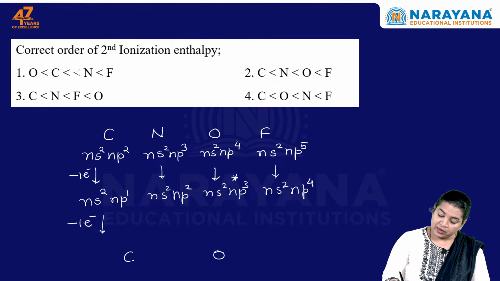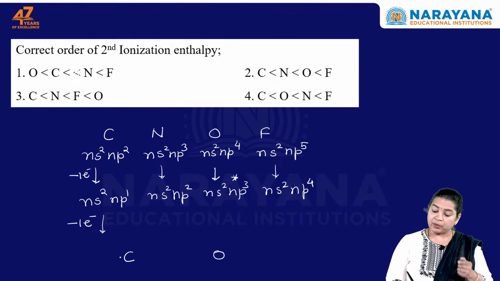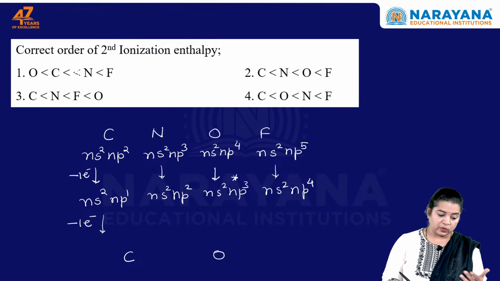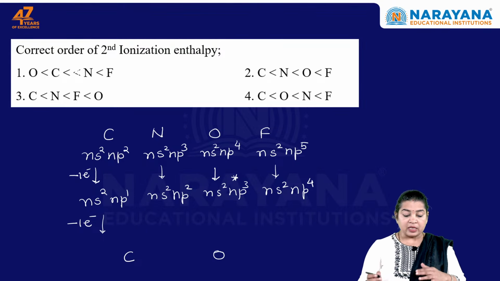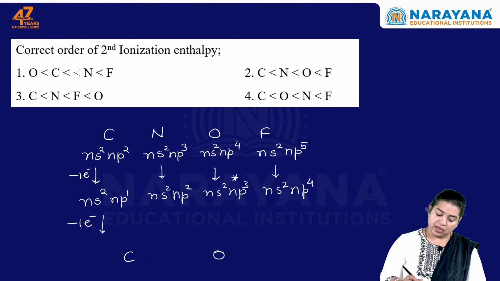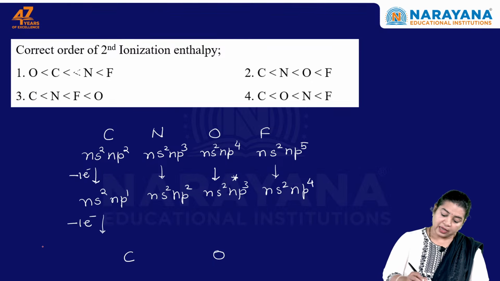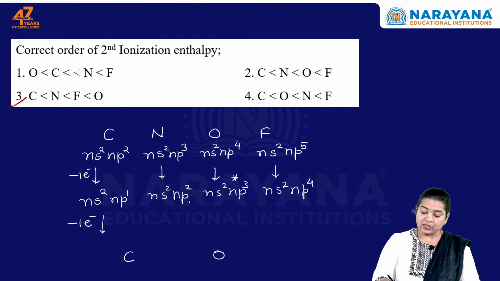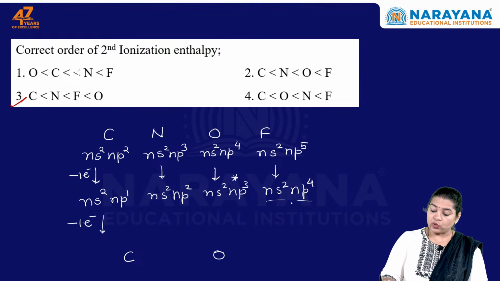And carbon will have the least. Why? Because it is in Np1 configuration, so it will release much more easily. By taking these two into consideration, I think we all can see that 3 could be the answer. Let us talk about others also. So Ns2Np2 and Ns2Np4.